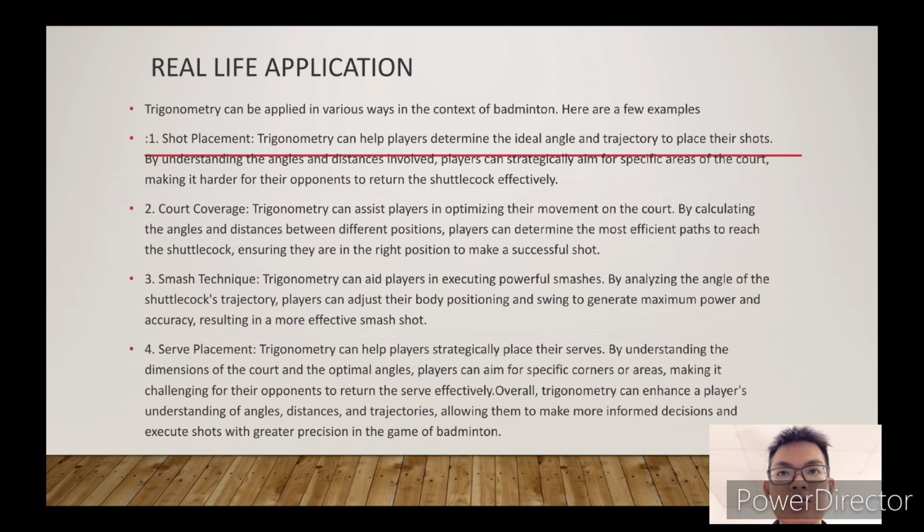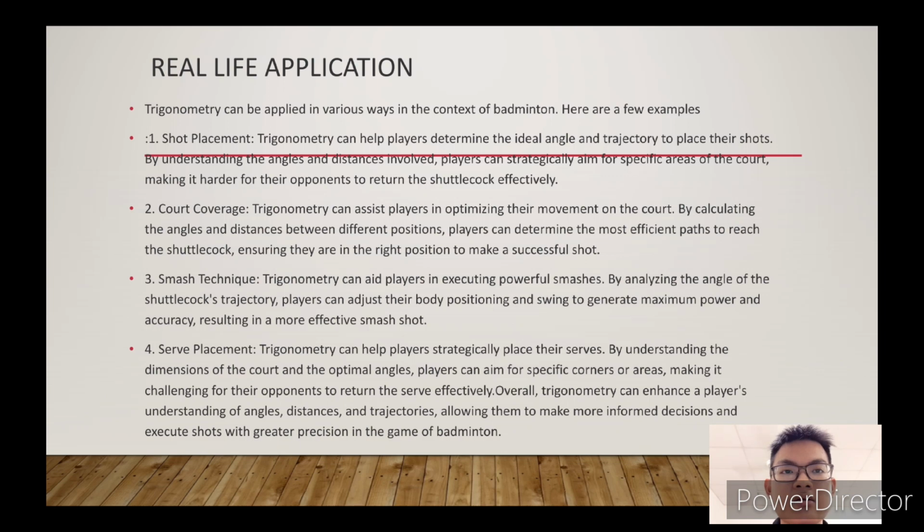For example 2, court coverage. Trigonometry can assist players in optimizing their movement on the court by calculating the angles and distance between different positions.